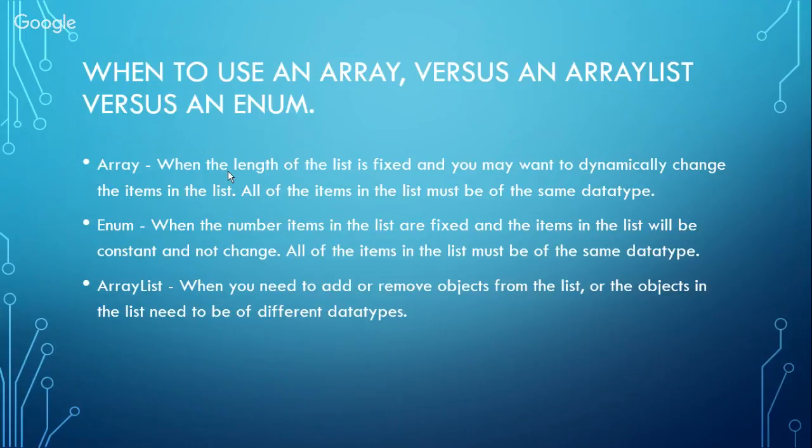An enum is used when the number of items in the list is fixed, and the items in the list will be constant and not change. All of the items in the list must be of the same data type. And an array list we use when you need to add or remove objects from the list, or the objects in the list need to be of different data types.